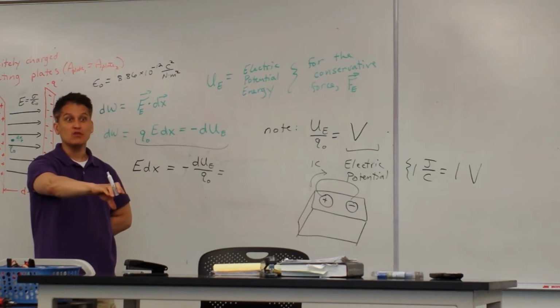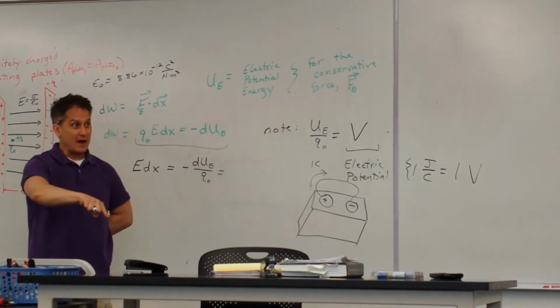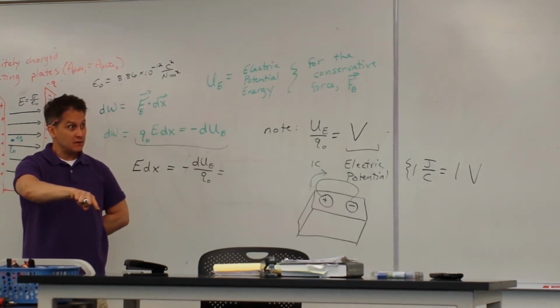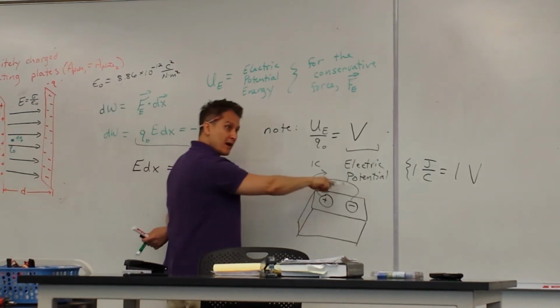It takes 1 joule of work for that 1 coulomb of charge to transfer from one end of the battery to the other.